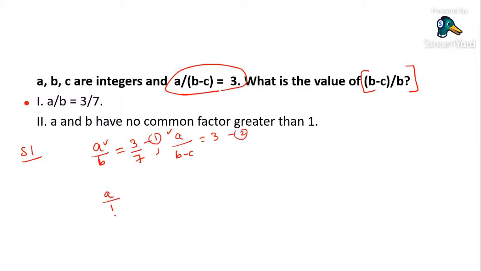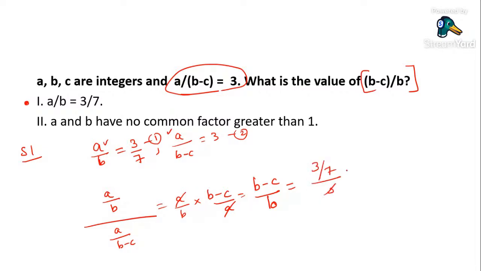If you look here, A is present in both numerators. So let's divide these two. A by B divided by A by B minus C. What will you do? A by B into the reciprocal, B minus C by A. So A cancels, and you will end up with B minus C by B.